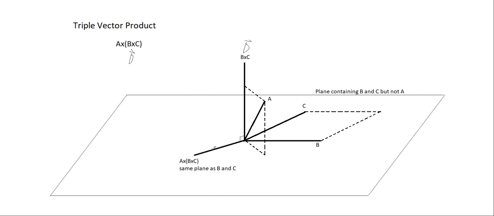And this will be in the same plane as B and C, because this was perpendicular to it, and so perpendicular to this will be in the same plane as B and C. And so that is how you do the triple or vector cross product.